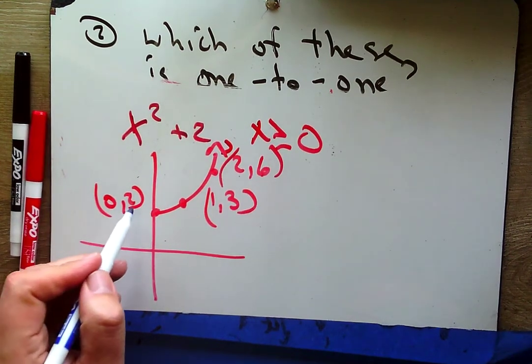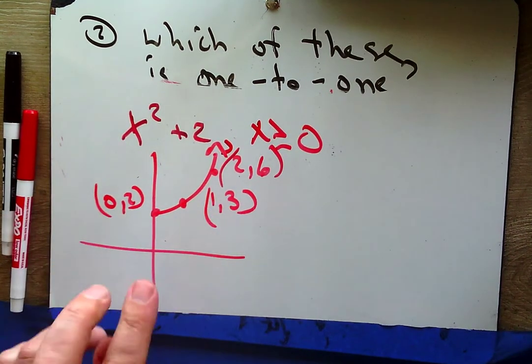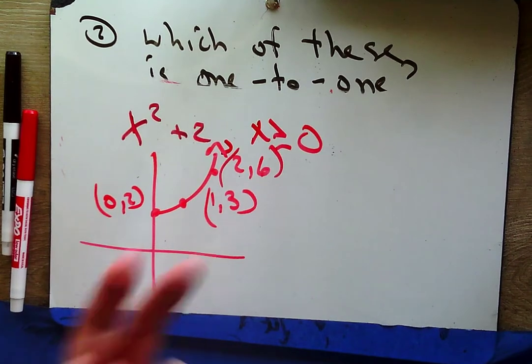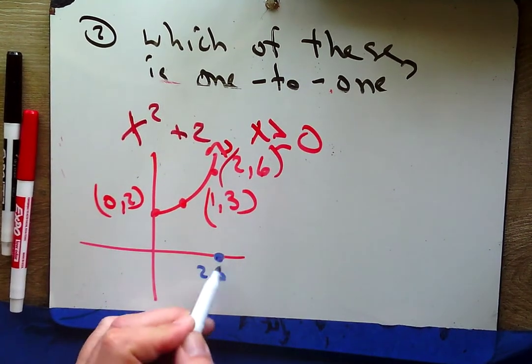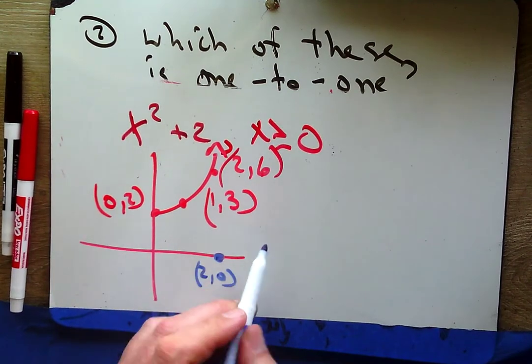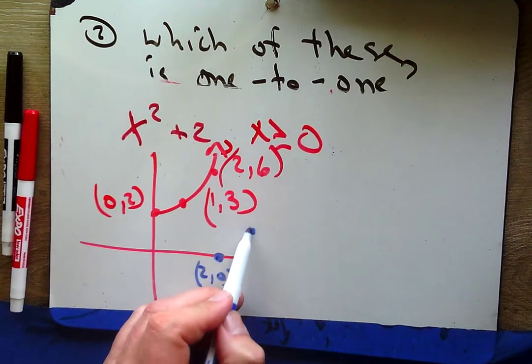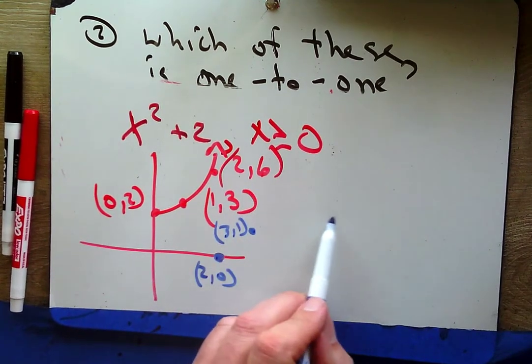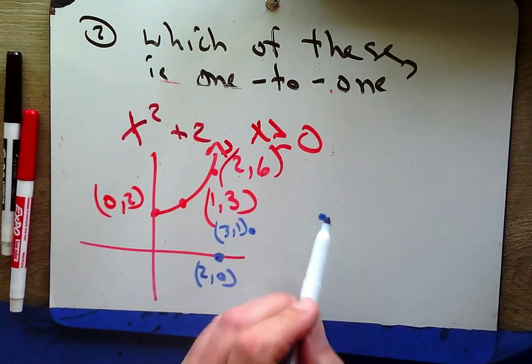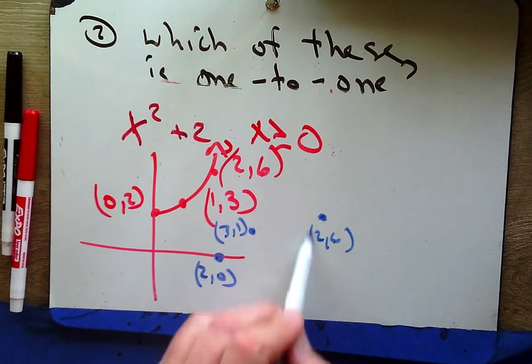Well, let's see. From these points, I can build the inverse by switching the x's and y's. So there's going to be a place out here called 2, 0. And then there's going to be a place here called 3, 1. And there's going to be a place over here called 6, 2.